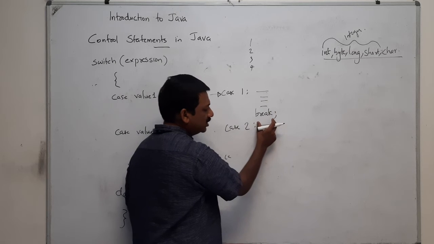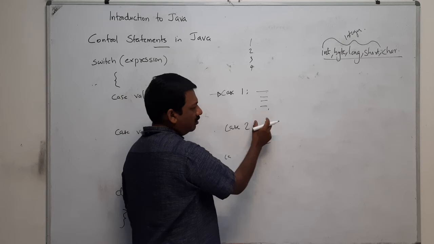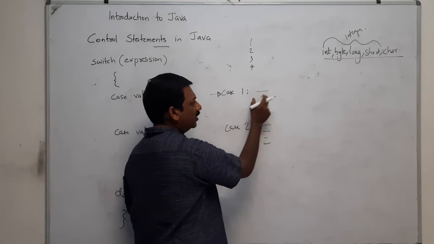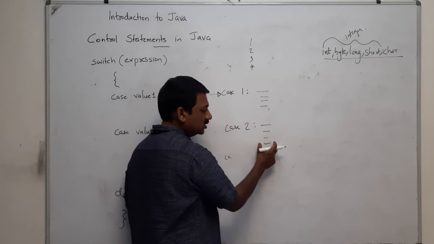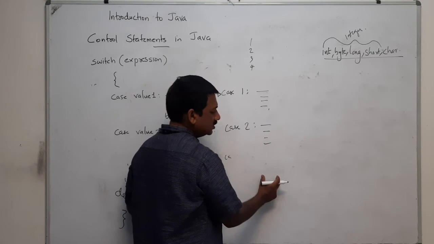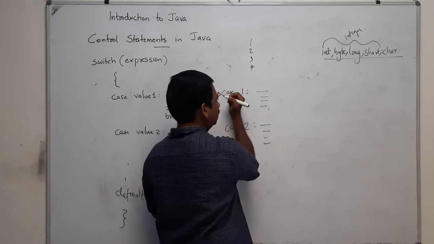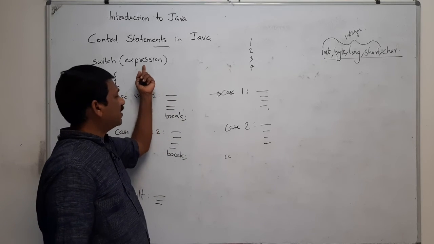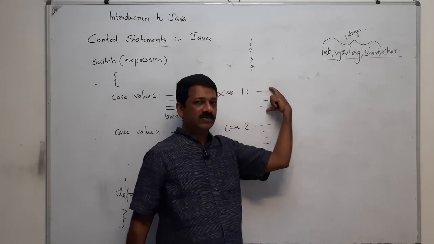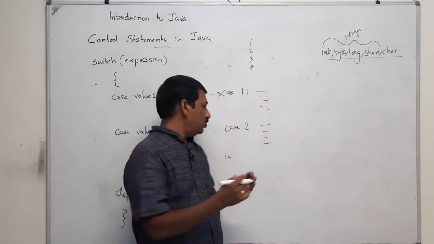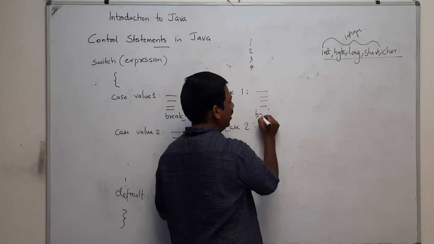Suppose you don't have a break statement here; after executing this set of statements, it will process the next ones too, etc. That means if this expression evaluates to 1, you execute these statements, and if you want to skip all the other pieces, then here you should have a break.